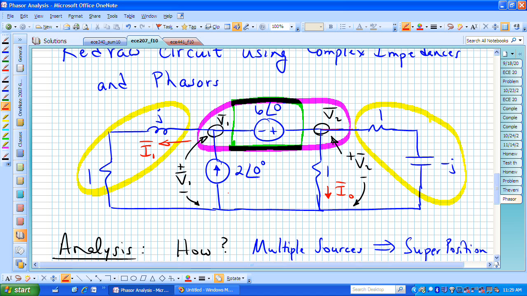This current going down, we'll just consider that going up from the source, so that's a 2 into the node. We also have I0 going down vertically on the right, and let's call this I sub 2 going out. And those are now our four currents that are leaving that supernode. We have I1, we have 2 coming in, we have I0 going out, and I2 going out.